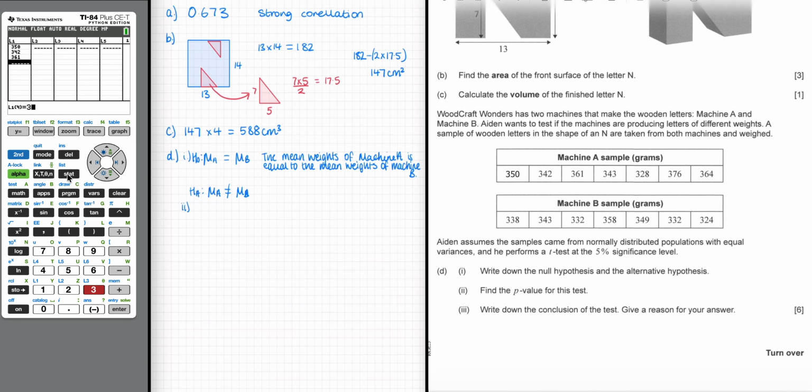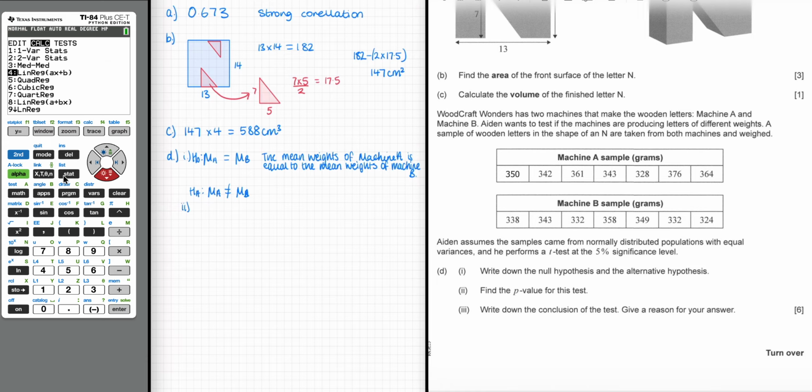So all we're doing is writing out each of the measurements that we were given. 364, and then we have 338, 343, 332, 358, 349, 332 and 324, and we need to find the p-value.